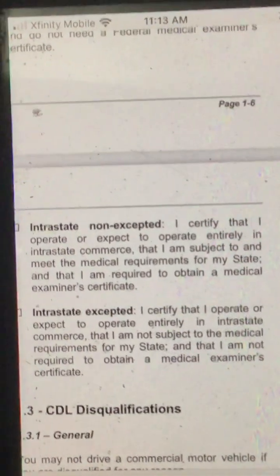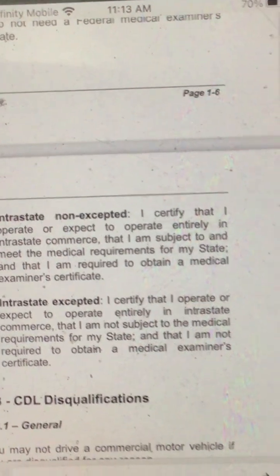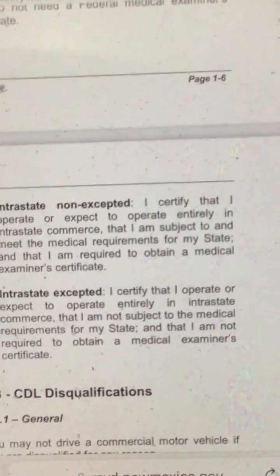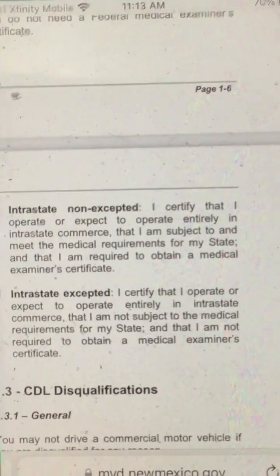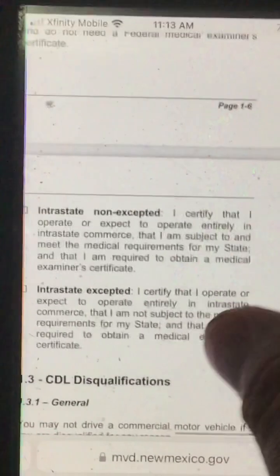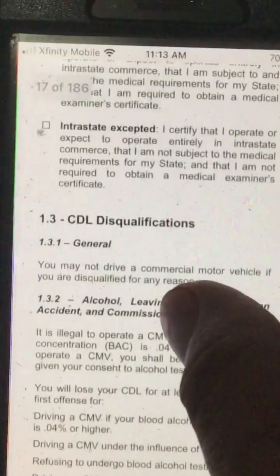That's highlighted. I certify that I operate or expect to operate entirely in intrastate commerce, that I am not subject to the medical requirements for my state, and that I am not required to obtain a medical examiner certificate.